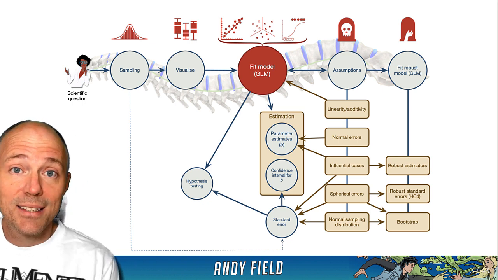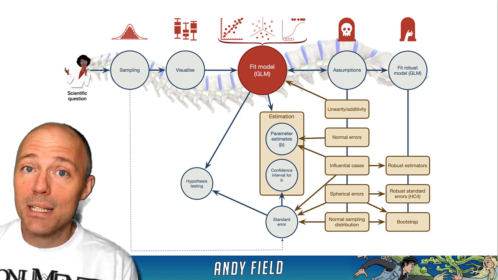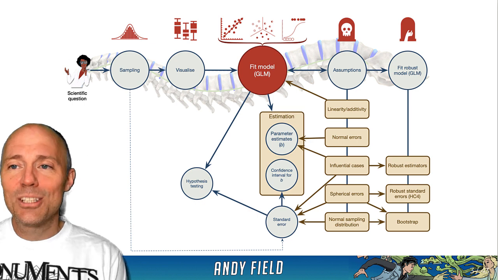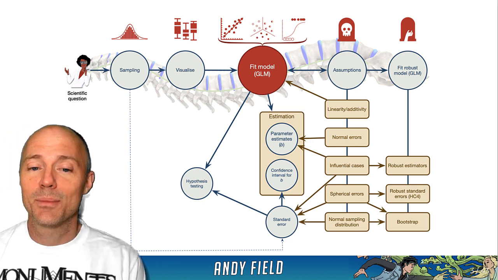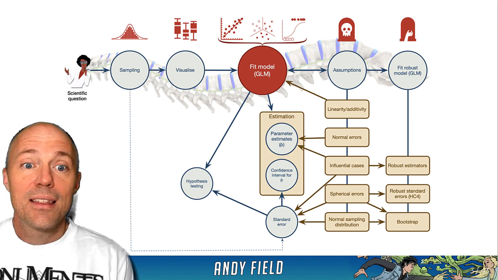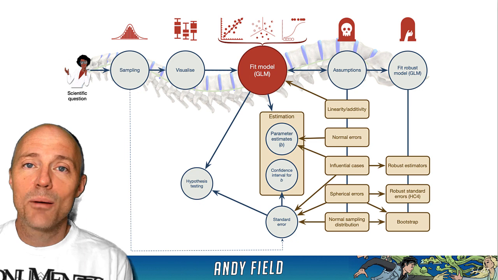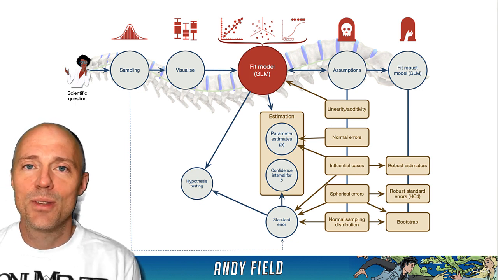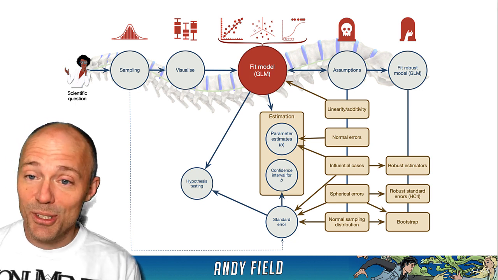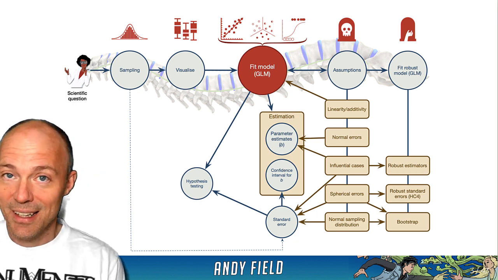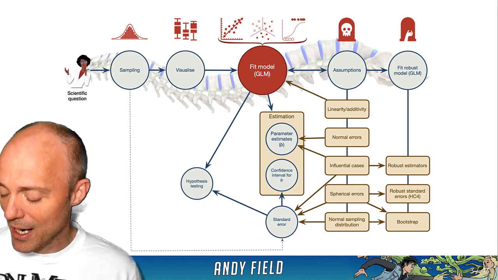One is estimating the effect, so estimation, and we can do that with a single value, a parameter estimate, or an interval value, so we can construct an interval around the parameter estimate. And a second thing that we can do is to apply some kind of significance test to that parameter. And finally, we need to test the assumptions of our model and possibly fit a variant of the model that is robust if any of those assumptions are violated.